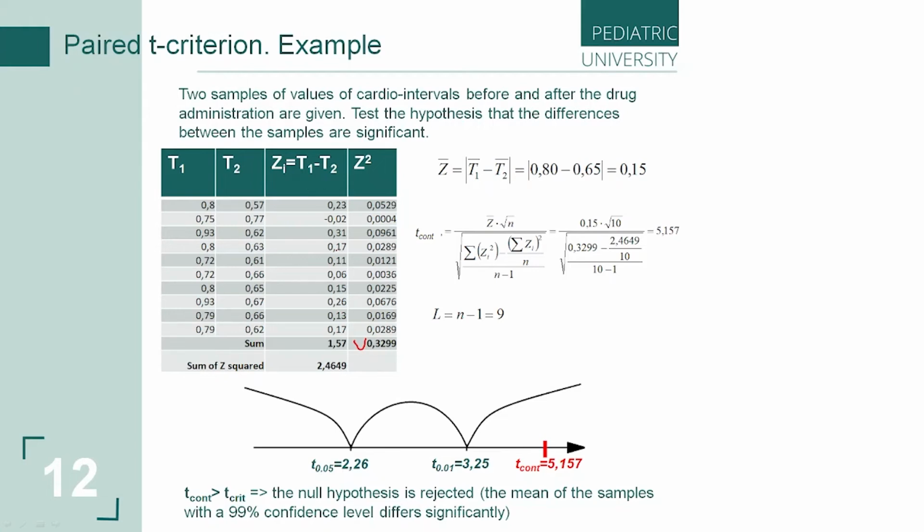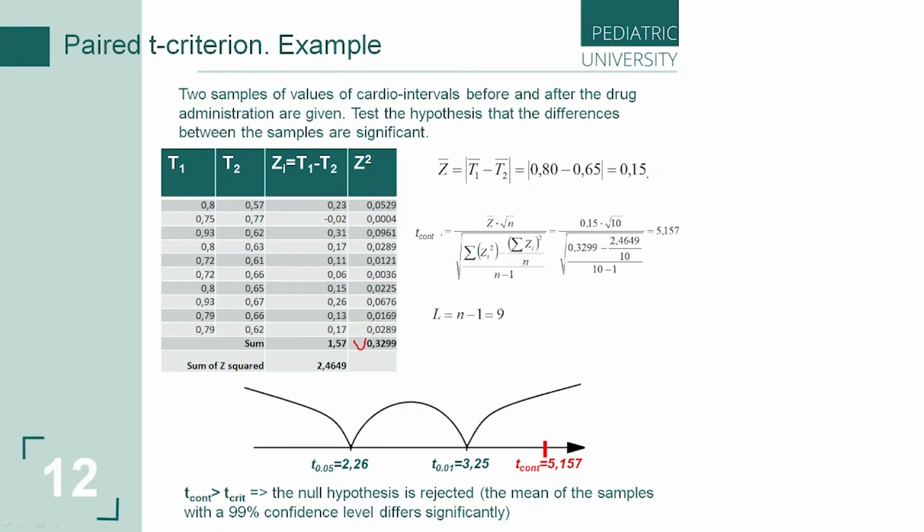We get the sum of squares minus the square of the sum in the denominator under the root. z with a dash is the difference between the average values, we talked about it. The sample mean in the first sample is 0.8 minus the sample mean in the second sample 0.65, and the answer we get is 0.15.